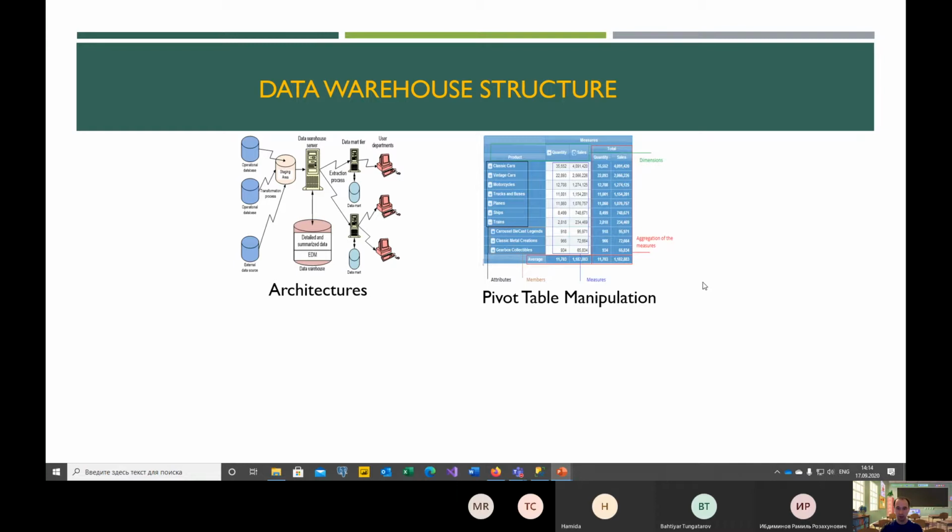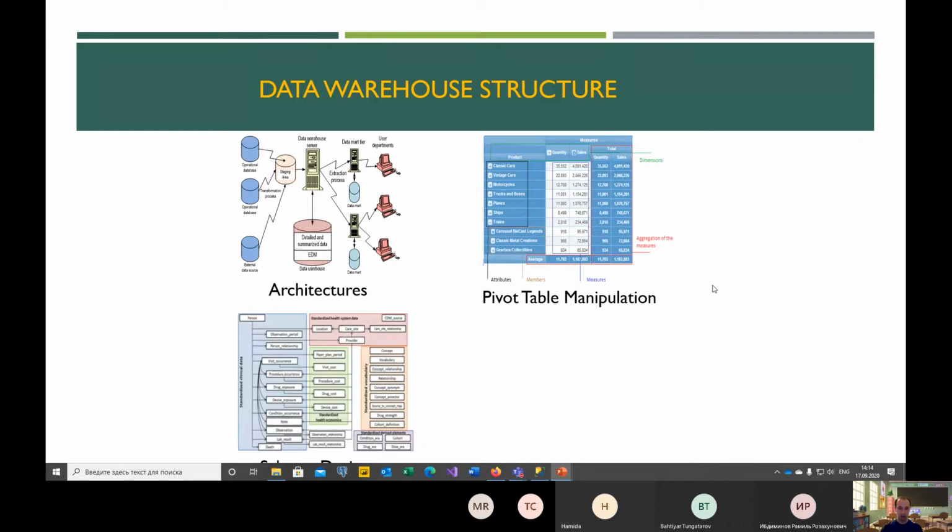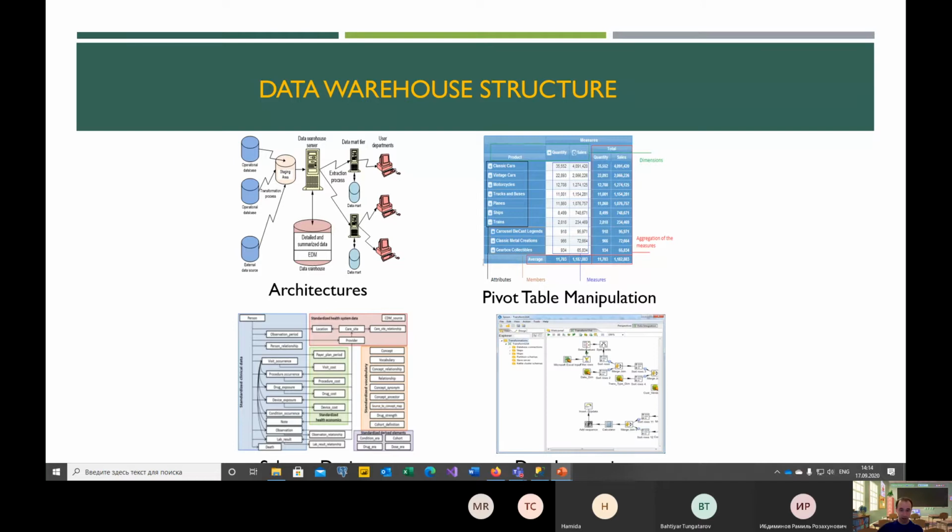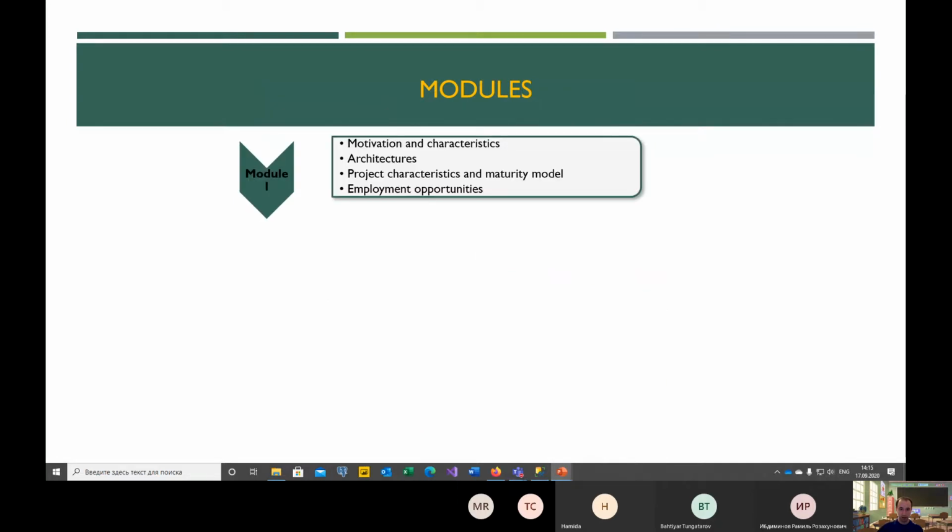Then you have the pivot table. Then we have the representation of how this data is connected, and there are different models. We have the architectures, project characteristics, maturity model, employment opportunities like this.